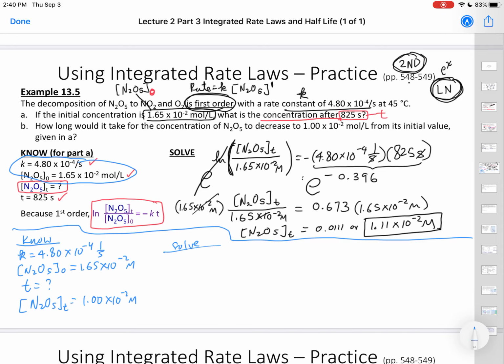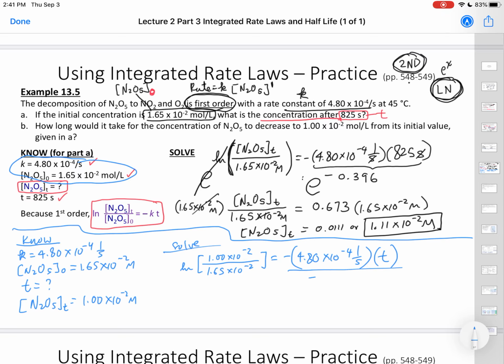We're plugging it into that same first order equation: ln of 1.00 times 10 to the minus 2 over 1.65 times 10 to the minus 2, equals minus k, which is still the same, 4.80 times 10 to the minus 4, 1 over seconds, times t. You're solving for t, okay?